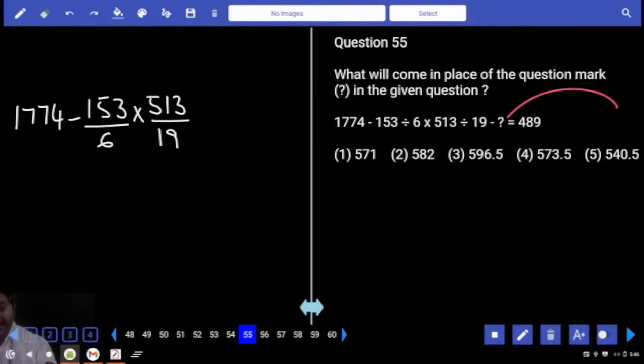Right hand side number comes left hand side. 489. ఓకే, ఖచ్చితంగా అది అదే. వస్తున్నాను ఆగండి. అవ్వచ్చు, ఇది కూడా అవ్వచ్చు. 3 చచ్చినాయి, చేయాల్సిందే.